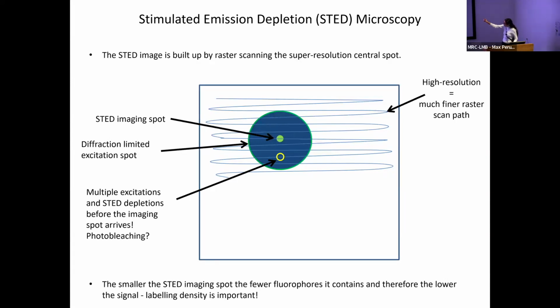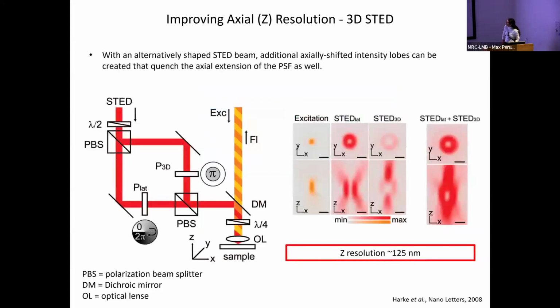So you have to scan more, and by the time you get to another point, you have already excited your sample multiple times until you reach that spot in your image. Now there are very performant dyes that don't bleach as fast, but the sample is seeing your excitation beam multiple times until it reaches the spot you're imaging. So that's to take into account.